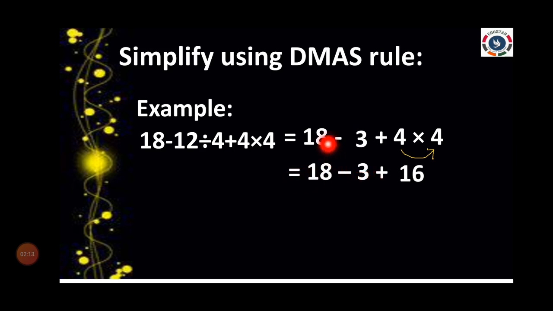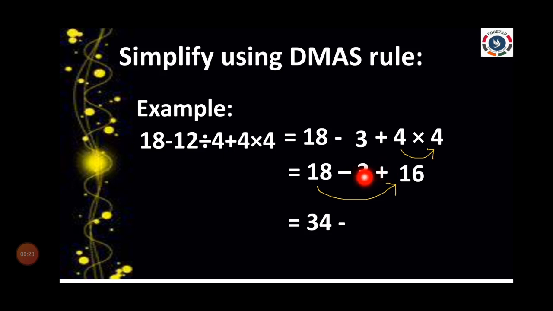The third step is to add the values. Now 18 is a plus value. No symbol is mentioned, but you have to imagine it, so 18 is the plus value. So add 18 and 16, and you get 34.